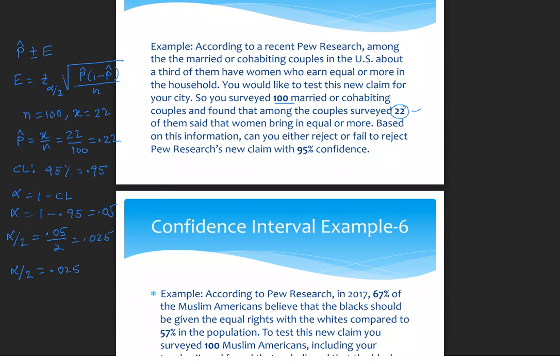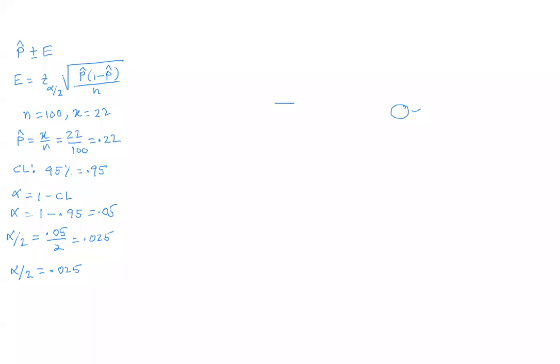Now we go ahead and create our diagram that will help us see things. So the standard normal distribution, which is 0 and 1.